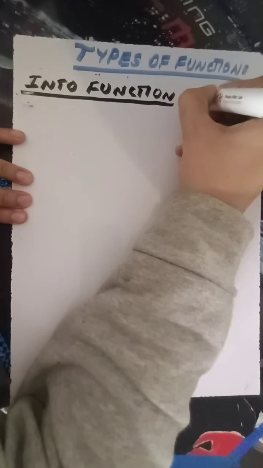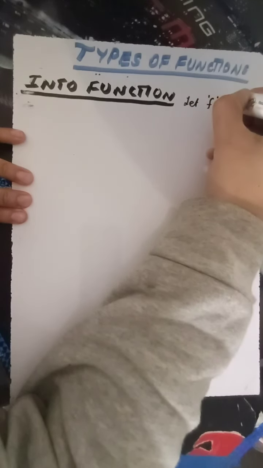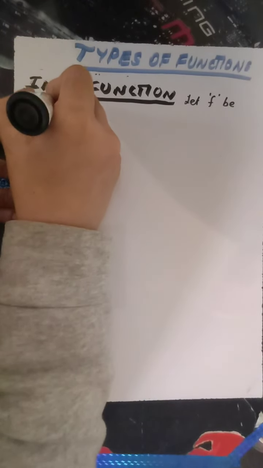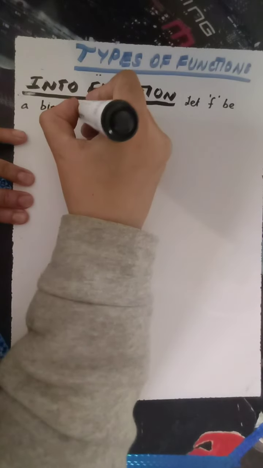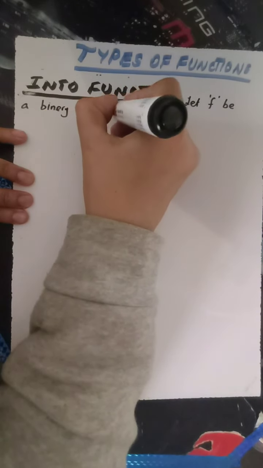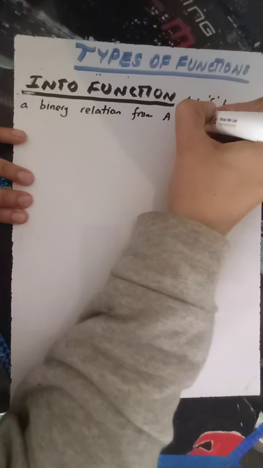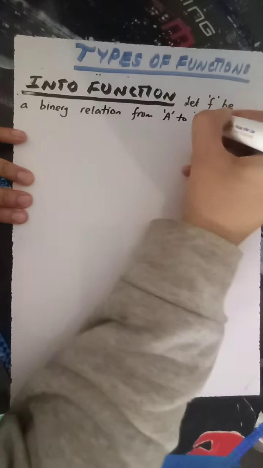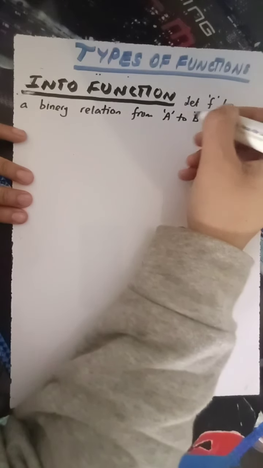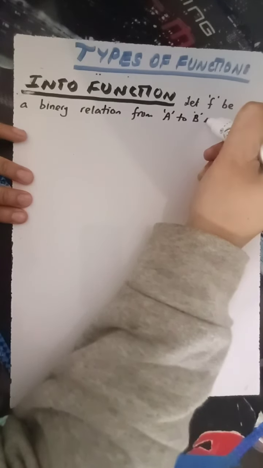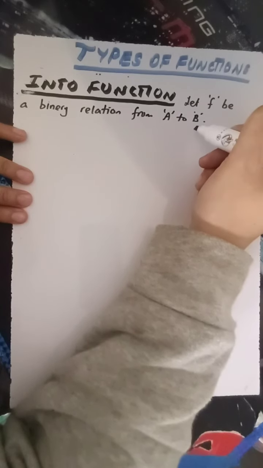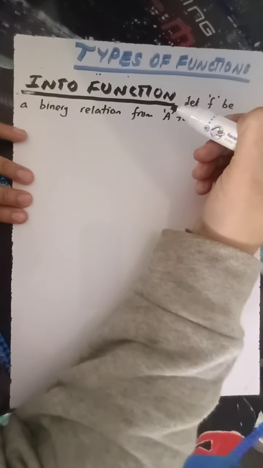The first condition is that if you have a binary relation, let f be from A to B. You have 2 sets. There is a binary relation. That binary relation is a function. If it is a function, then we are going to see whether it is into function, onto, or one-one.